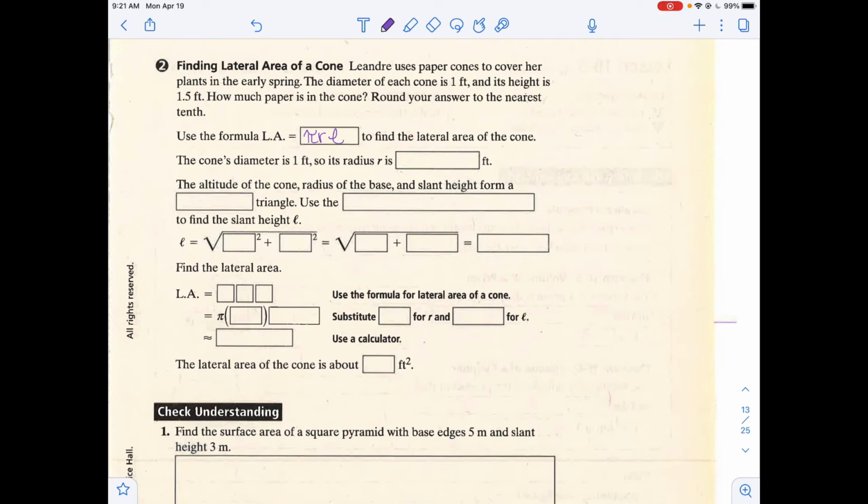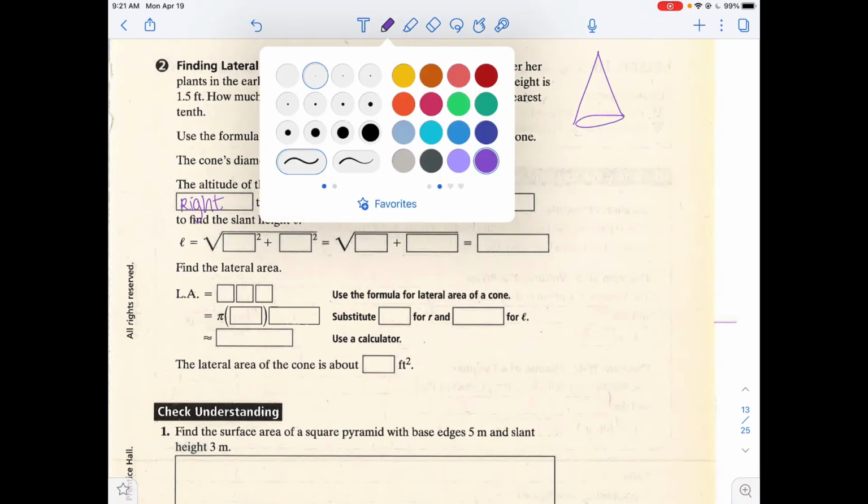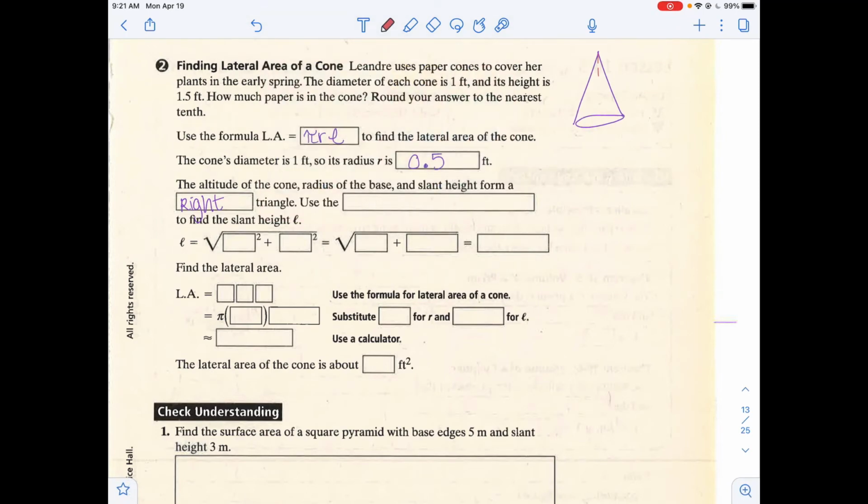The cone's diameter is 1 foot, so the radius is about 0.5 feet. The altitude of the cone, radius of the base, and the slant height form a right triangle. So what this is saying is if we draw this cone, the altitude would come from here.